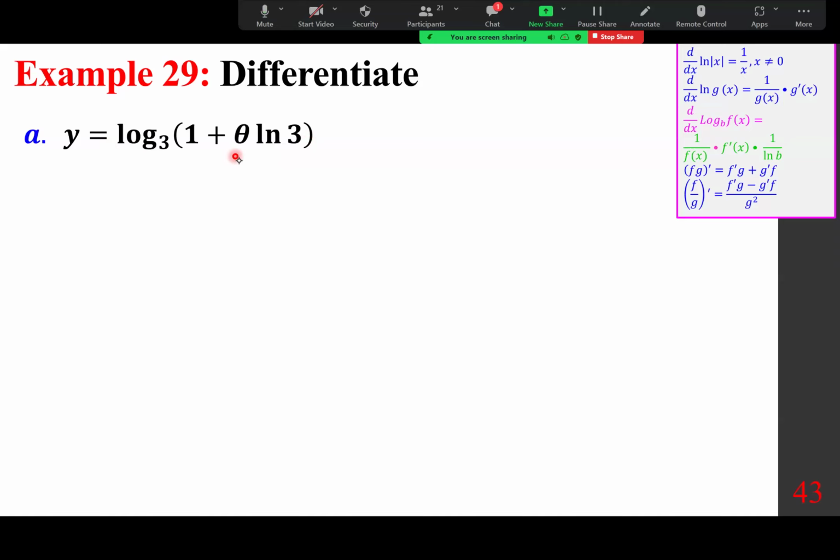The answer is no. Therefore, y prime, or better yet, dy d theta, because I want you to read and notice that theta is the independent variable. So we should really call it dy d theta, so we are telling our readers what variable is the independent variable. If you said y prime, there is nothing wrong with that. Y prime or dy d theta is, flip this over.